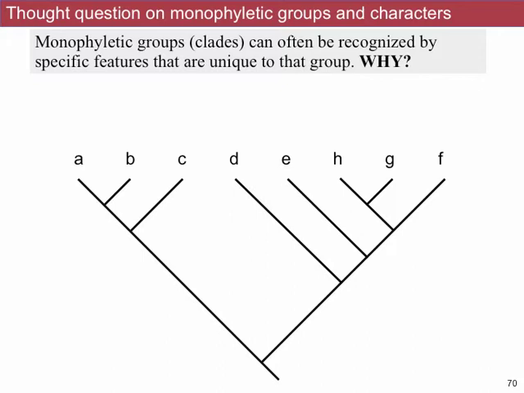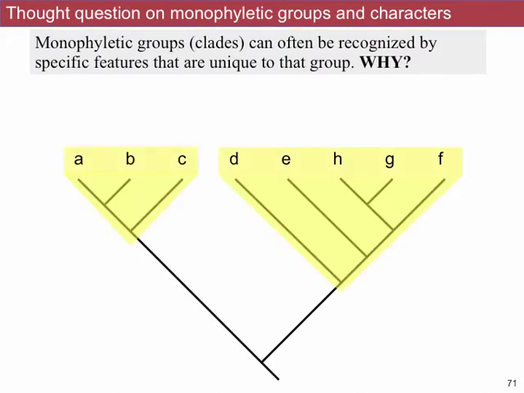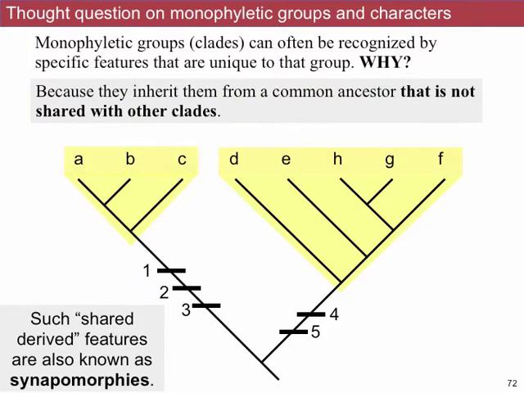Any changes that happen on this branch have the possibility of being shared among A, B, and C, and absent from D, E, F, G, and H. So if we have these two monophyletic groups, there are other monophyletic groups here, but if we have these two, changes that occur on this branch may distinguish A, B, and C from the other organisms here. And changes that arise in this branch may also distinguish D, E, F, G, H from A, B, and C. These shared derived traits are also called synapomorphies.